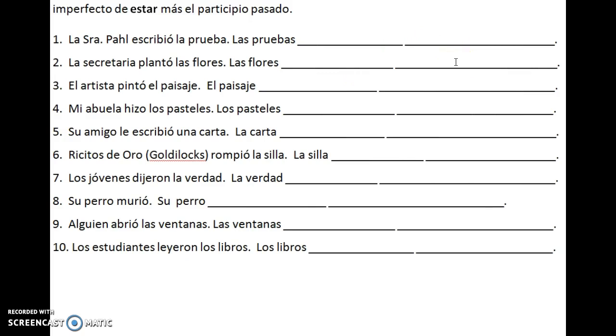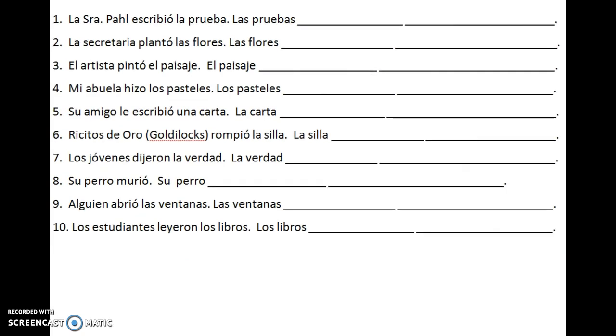We also had some that we would put into the past, so it might say La secretaria plantó las flores, and we would say las flores estaban plantadas. They were planted. So we're describing the result of actions using a form of the verb estar, typically in the present tense or in the imperfect, along with a past participle. And very important, we make the endings of those past participles agree in number and gender with the noun that they are describing.